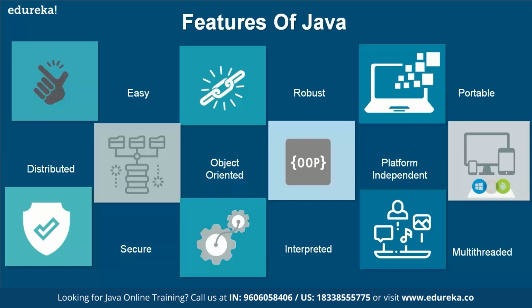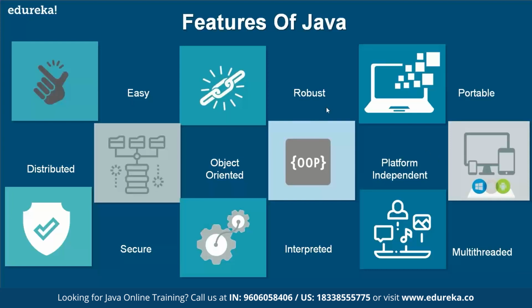Allocating the memory and all is not required in Java. And for garbage collection, we don't need to do anything. The operator overloading concept is not there. So the difficult topics are taken out. The syntax is almost similar to C++. That is why we say it is an easy programming language.